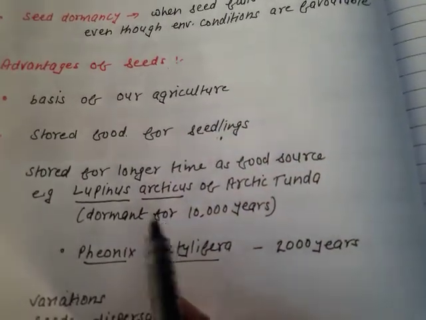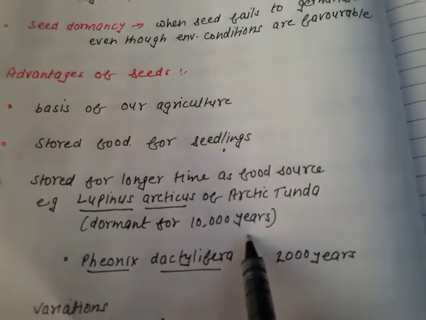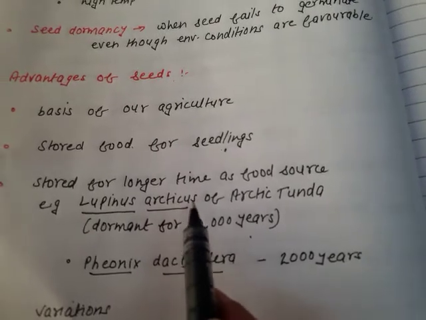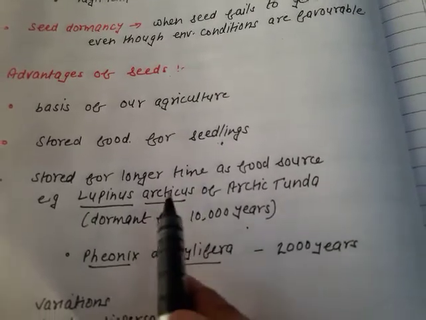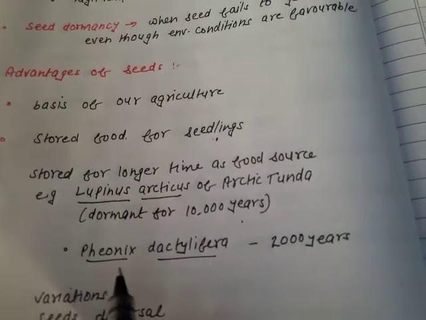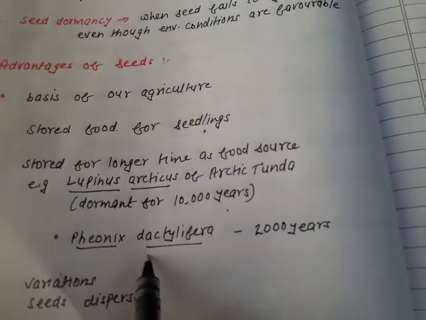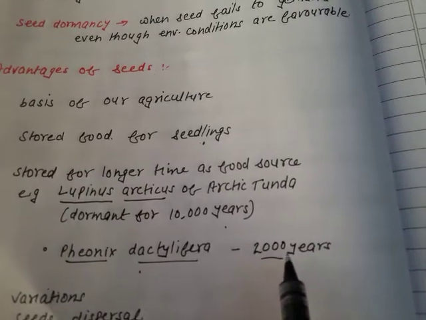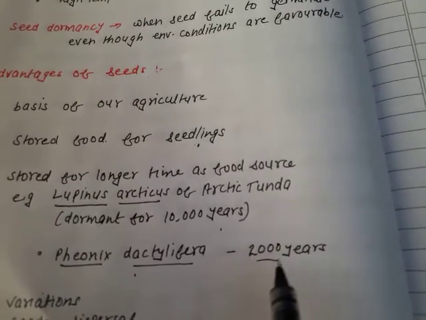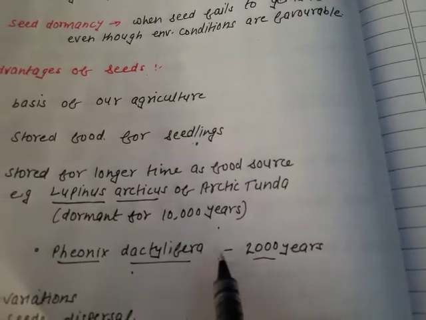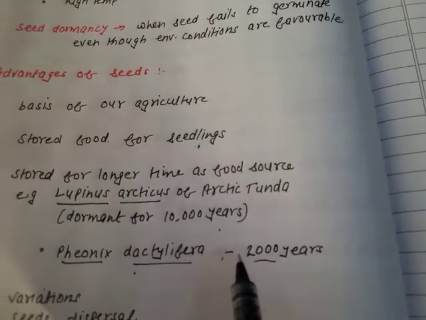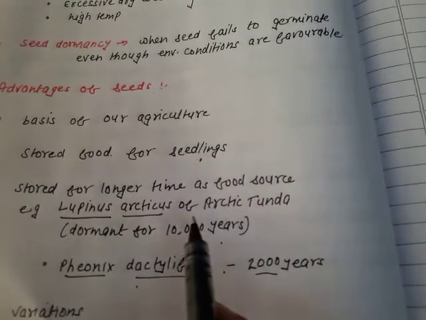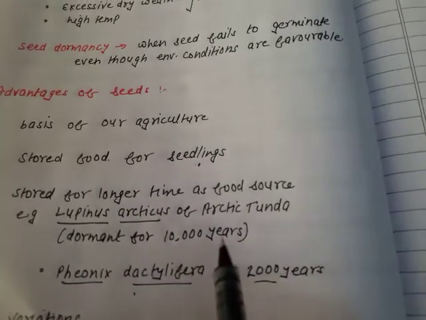These seeds remain dormant for 10,000 years. लेकिन उसके बाद भी ये सीड वायबल थी. मीन्स कैपेसिटी ऑफ जर्मिनेशन को इसने रिटेन करके रखा था. सिमिलरली फोनिक्स, ये जो सीड थी 2000 ईयर्स तक ये सीड डोरमेंट रही, लेकिन जब डोरमेंसी से ये बाहर निकली तब भी इस सीड ने अपनी जर्मिनेशन की कैपेसिटी को लूज नहीं किया था. So we can say stored for the longer time as a food source.